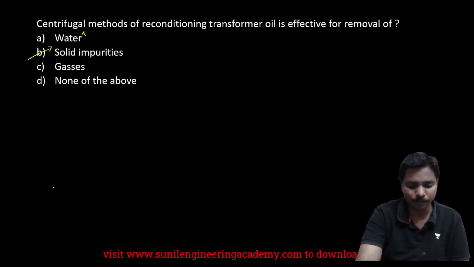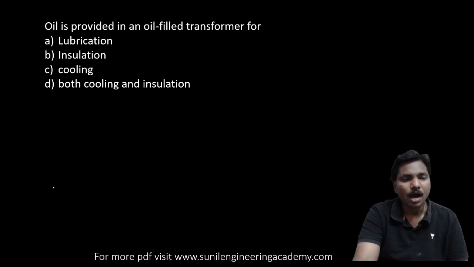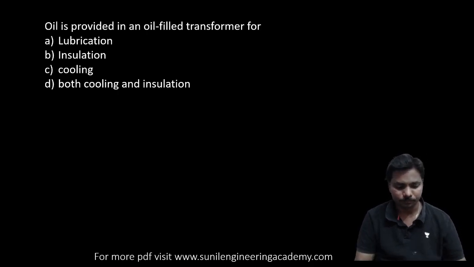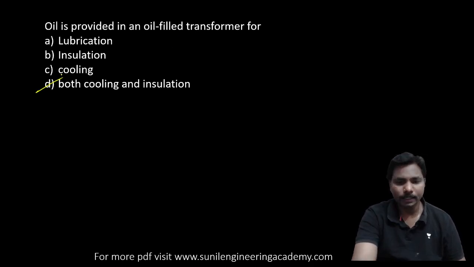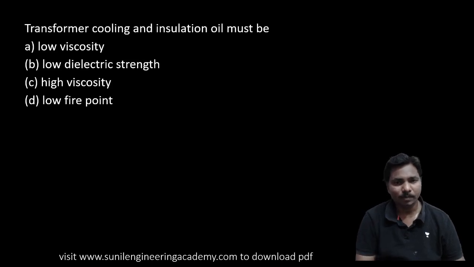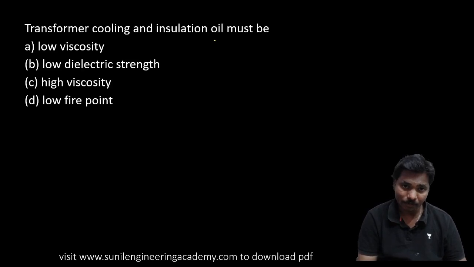Carbon impurities. Oil is provided in an oil-filled transformer for which purpose? Generally, oil is used for both cooling and insulation. Transformer cooling and insulation oil must be dash. Just now I said the oil must move faster, correct?